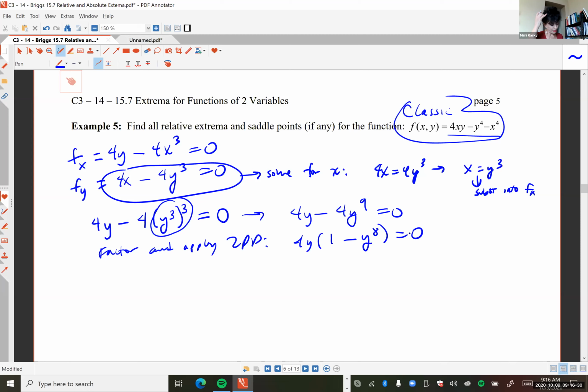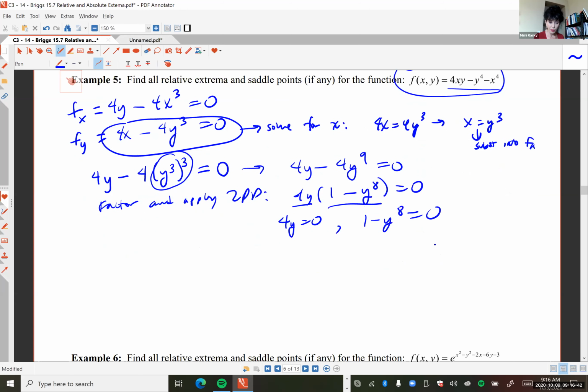So now when I apply the ZPP, I say if something times something is equal to 0, I set the first factor equal to 0 and the second factor, and I have to get my y coordinates for my critical points. So here, if I divide both sides by 4, I get y equals 0. That's one of them. Here, if I add y to the 8th to both sides, then I'm going to take the 8th root of both sides of the equation.